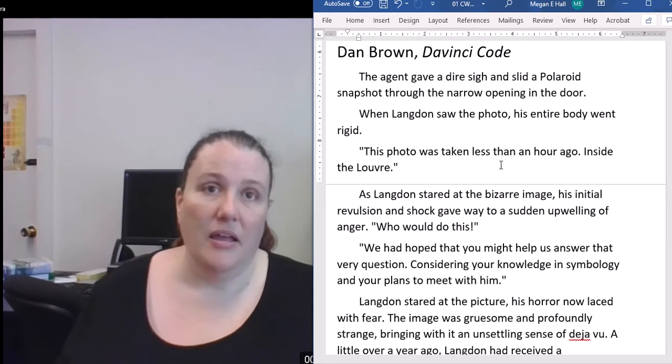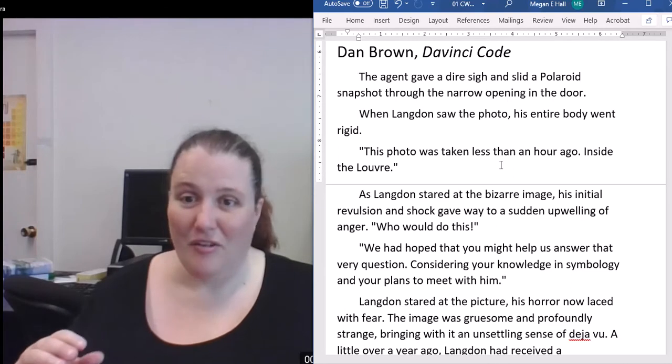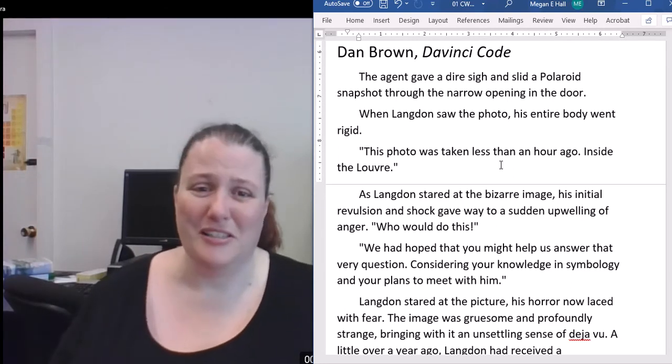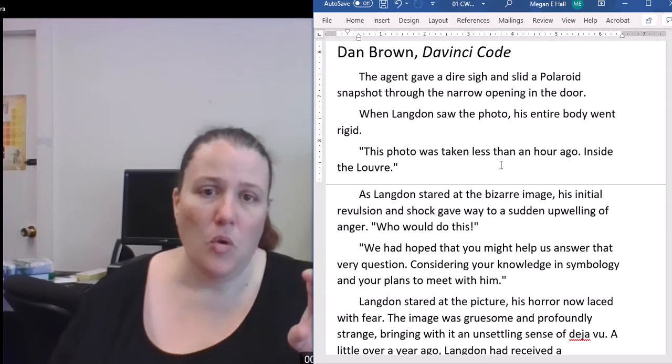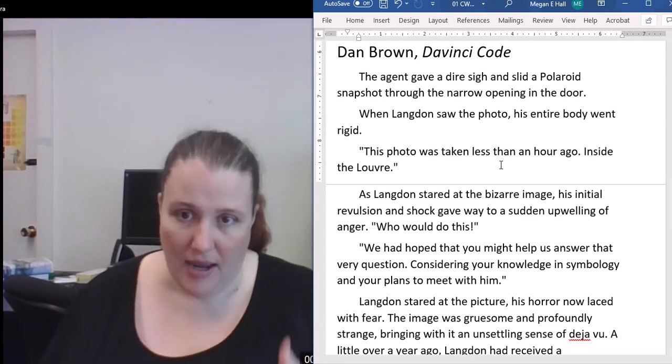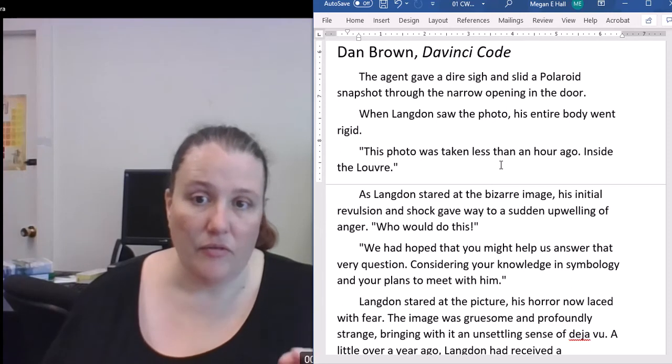And if you watch the movie, there's a lot of running, and a lot of running in the book too. I want to show you where he speeds things up, how he slows things down, and then how he speeds things back up again. That is part of the style of the book.